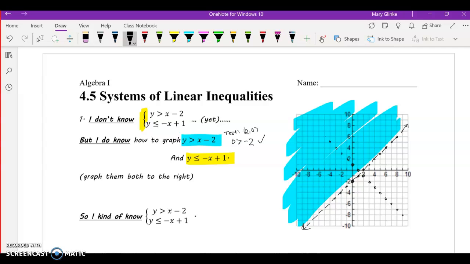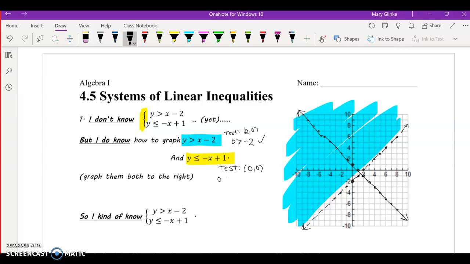And so doing this, then we're going to go ahead and create our line. It is going to be a solid line because the or equal to part is there. So for this line, I'm going to pretend like the blue graph is not on there, and I'm going to just do this one by testing 0, 0.